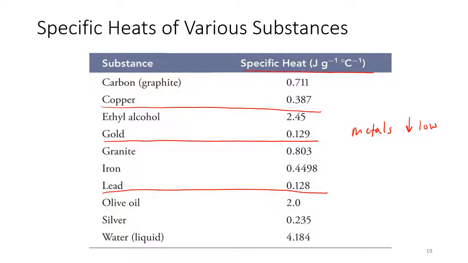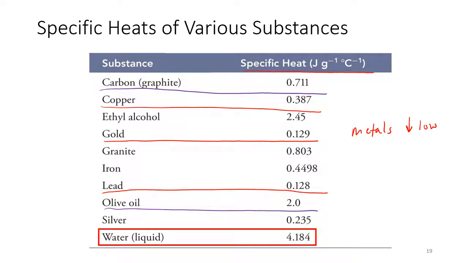The specific heats of many of our nonmetals are much higher. For example, carbon has a specific heat of 0.711. Our specific heat of olive oil is 2.0. And lastly, our specific heat of water is 4.184. Specific heat of water is very, very high, and this is due to the intermolecular forces within water.